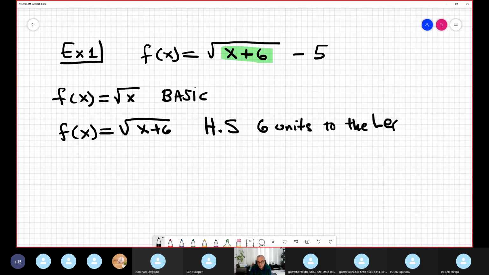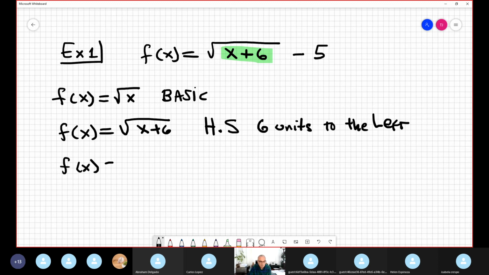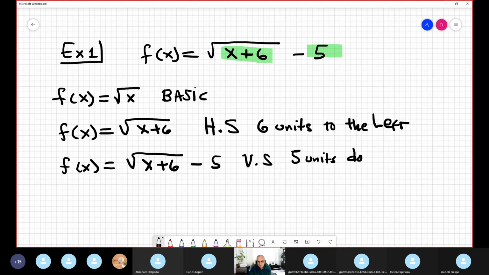How do you know it's left? Because it's positive. See, if it's negative, right; if it's positive, left. And finally, this minus 5 outside is a vertical shift, 5 units down. And that's it.